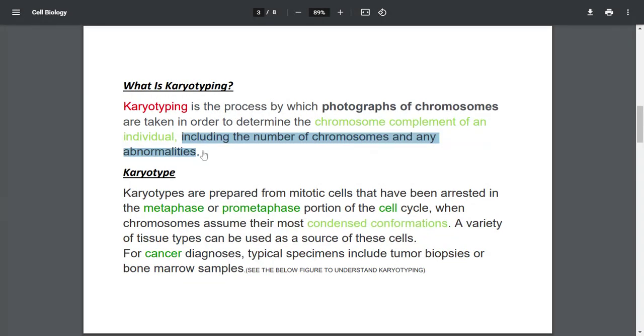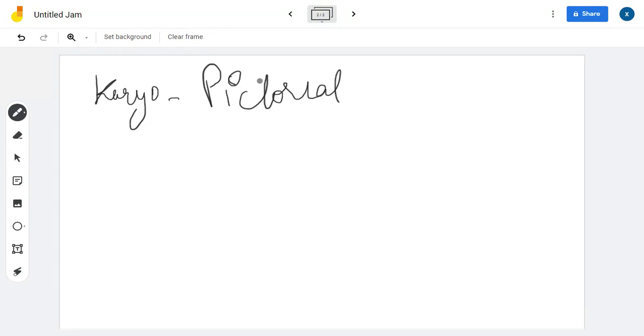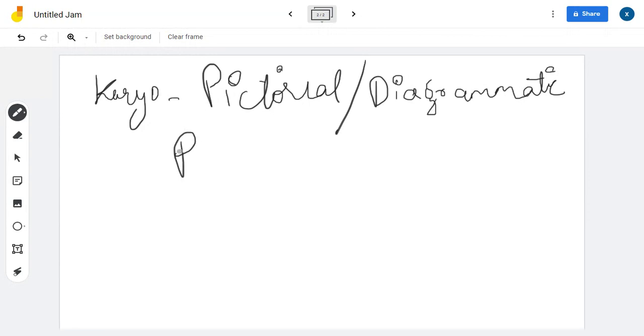So, as I said, karyotyping is nothing but the pictorial representation. You can say the karyotype is nothing but the pictorial representation or the diagrammatic representation of the chromosomes.